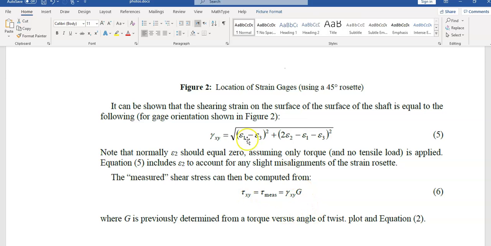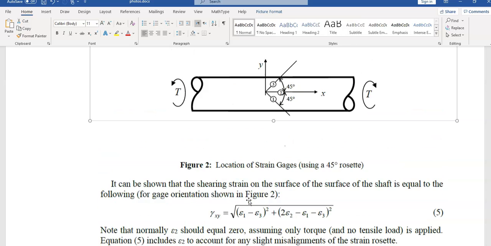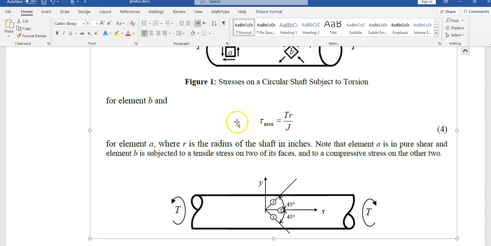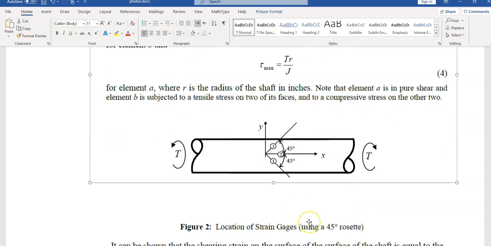So you need to multiply this shear strain by modulus of rigidity and get this shear stress. This is your measurement, and you're gonna compare your measurement with the theoretical, analytical value of shear stress.